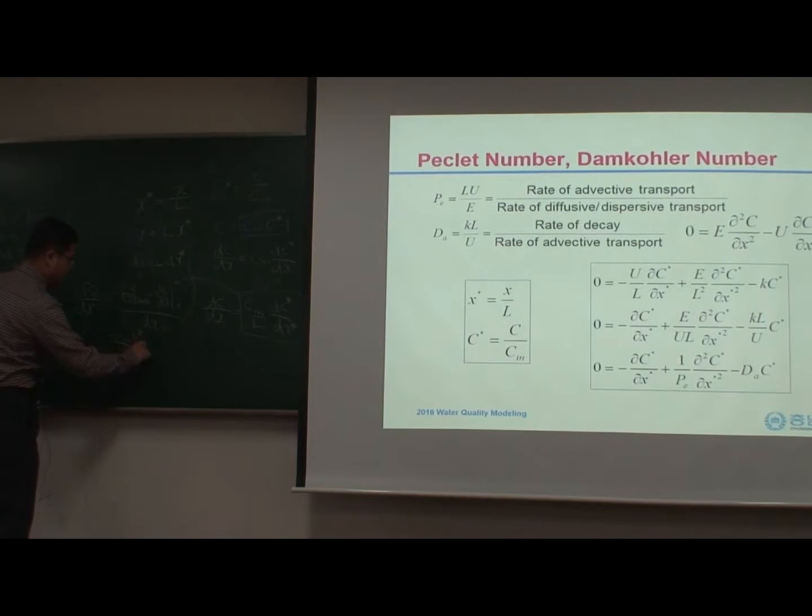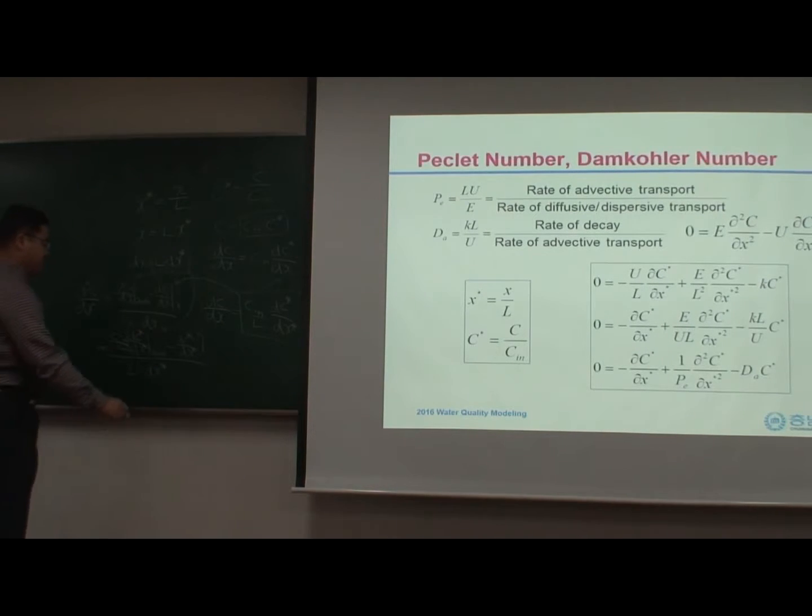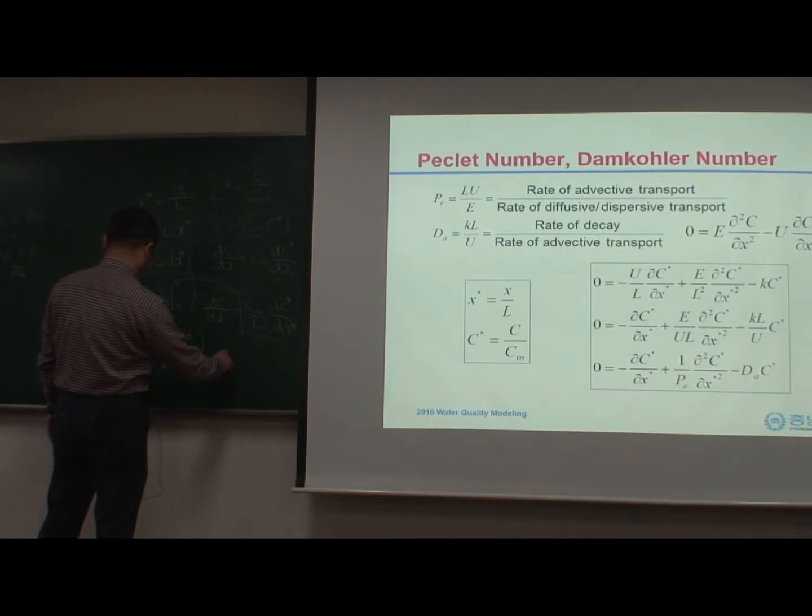And then, if I just keep going on, C in L, dC star, dx star, and x plus delta x, and in here dx is L, dx is star, right? And so we can have, what is this?